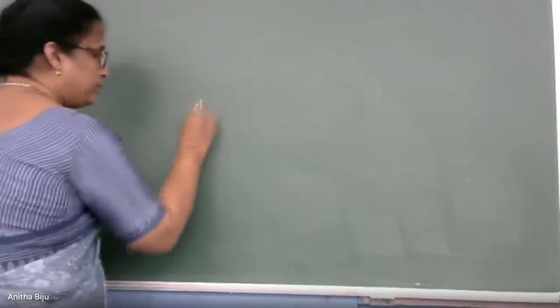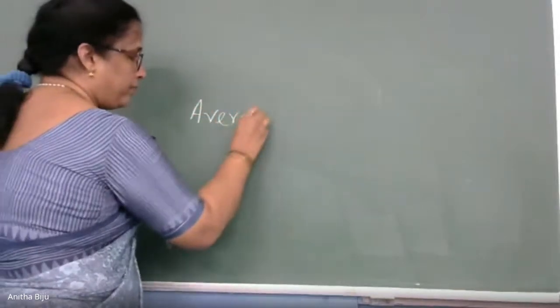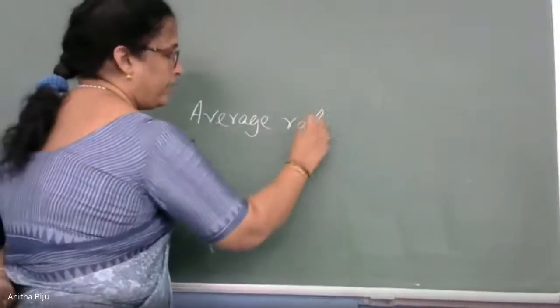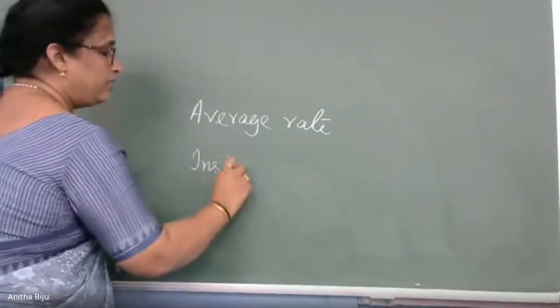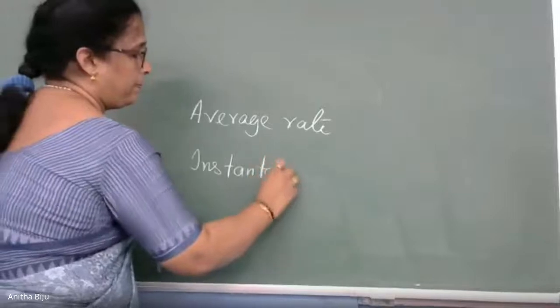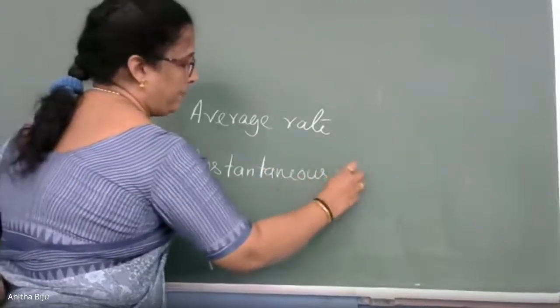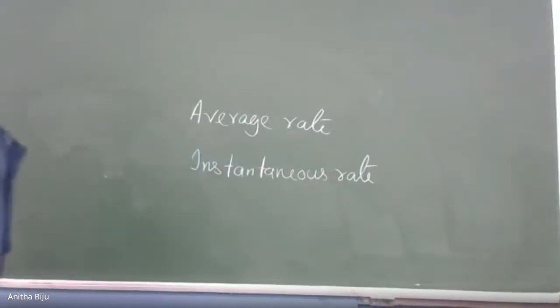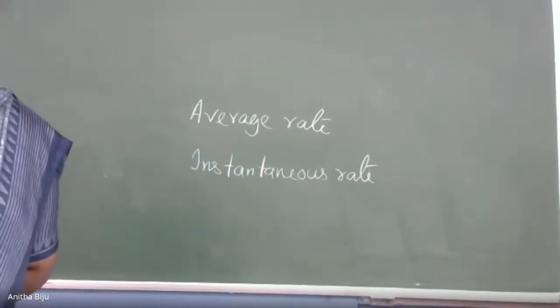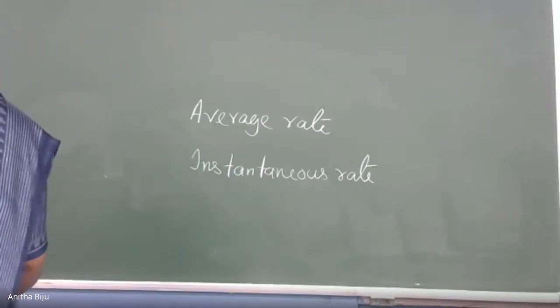There are two types of rate of reaction: one is called average rate and the second is called instantaneous rate.